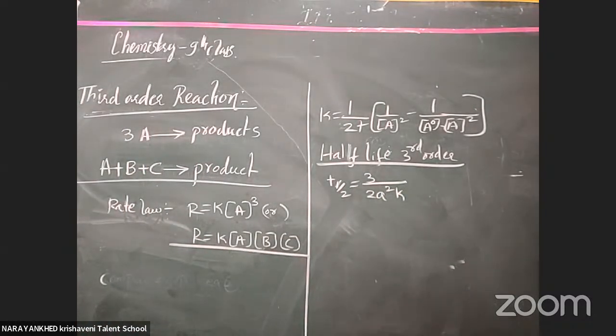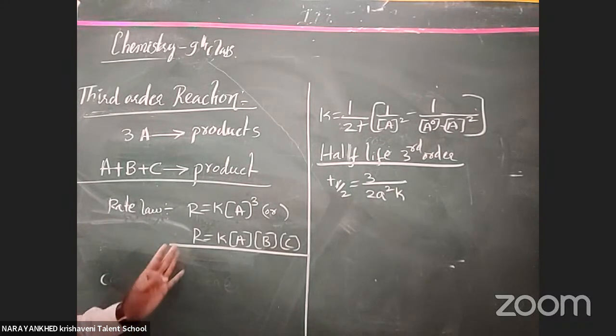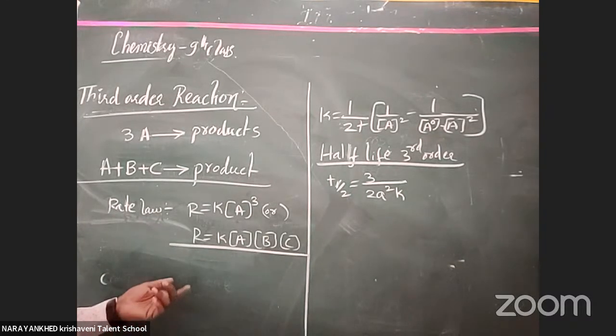This is about the components of our third order, first order, second order and zeroth order. Okay, clear or not?